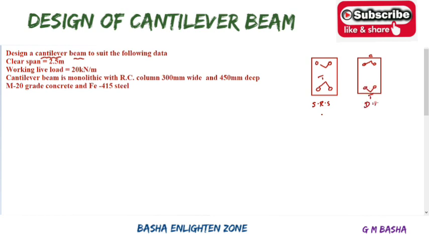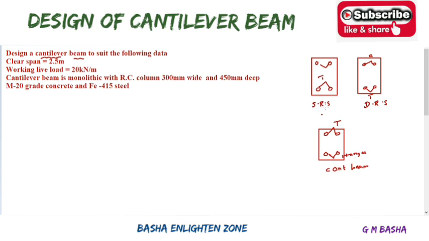Then if it is a cantilever beam, for cantilever beams we have to provide tension reinforcement on the top side and hanger bars on the bottom side. So this is the difference we have to observe.